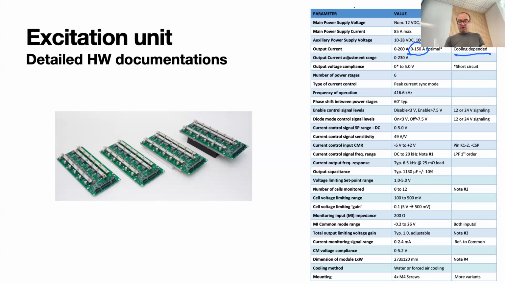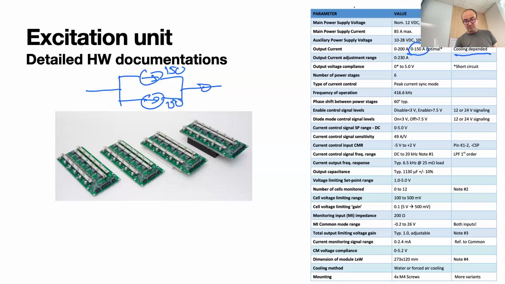So you can, formally speaking, connect them in parallel like this. So each of them produces 150 amps. So the output will be approximately 300 amps. We have never tried this configuration, but if necessary, it can be tested and tried out.